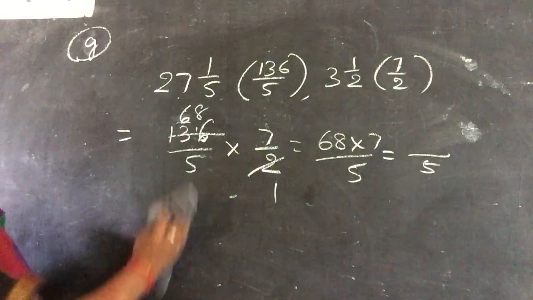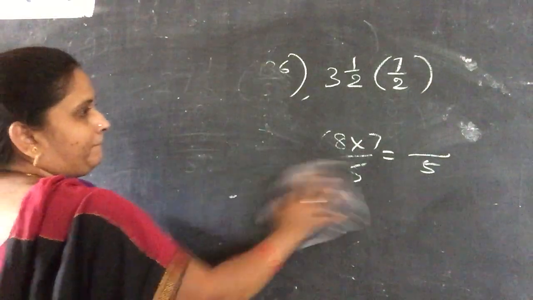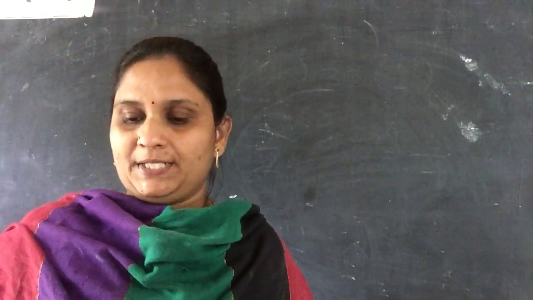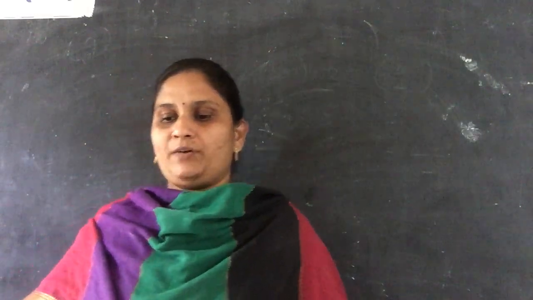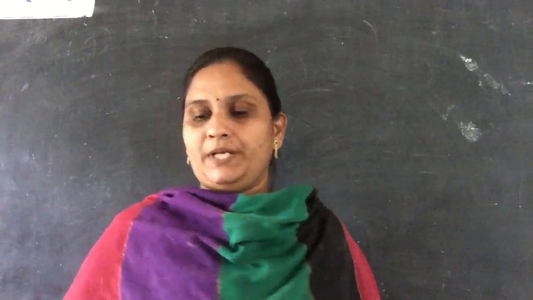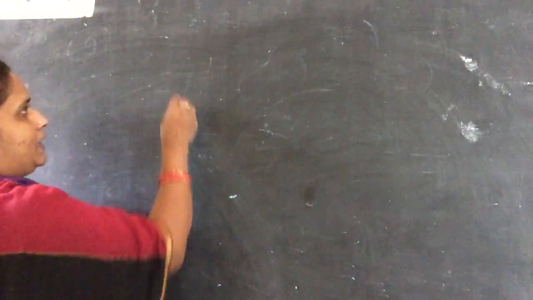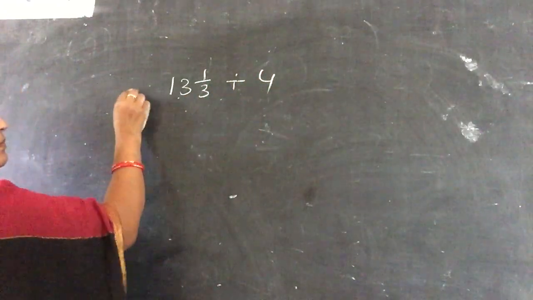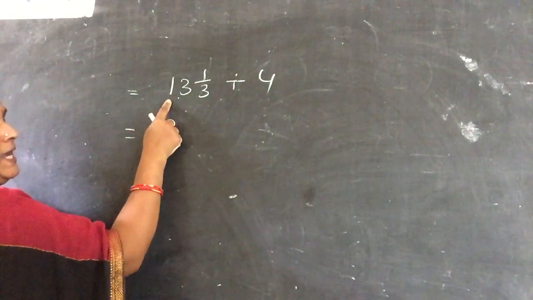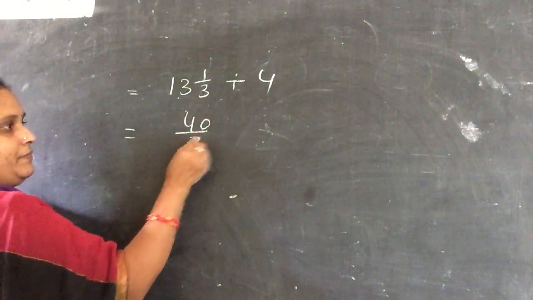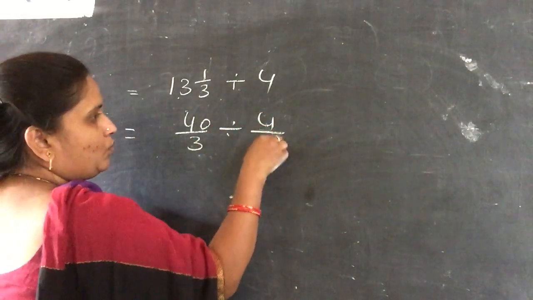Last, H. A pole of length 13 1/3 meters was cut into 4 equal pieces. What is the length of each piece? So here 13 1/3 divided by 4. 13 3s are 39 plus 1 is equal to 40/3 divided by 4/1.